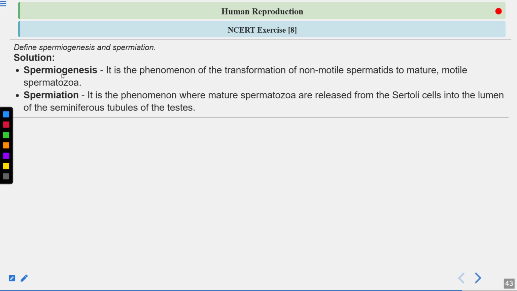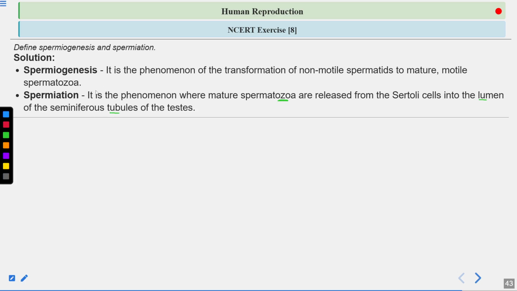When the mature sperms or spermatozoa are formed, the head of the sperm gets embedded into the Sertoli cells, and they obtain nutrition from the Sertoli cells. And then what happens? The sperm head which was inserted in the Sertoli cells, these sperms are released from the Sertoli cells and they enter into the lumen of the seminiferous tubules.